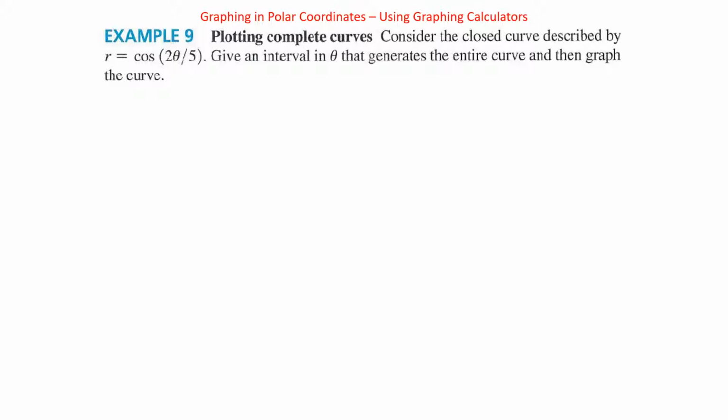The starting point, when theta is 0, we get cosine of 0 is 1, so r will equal 1. So we're going to want an ending point where we have 1, 0.